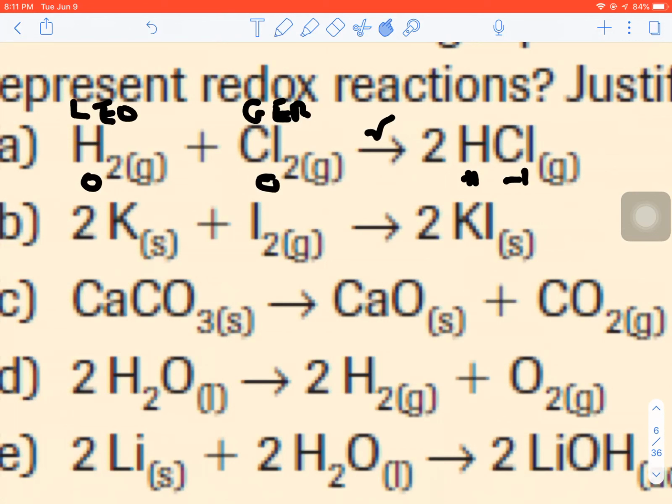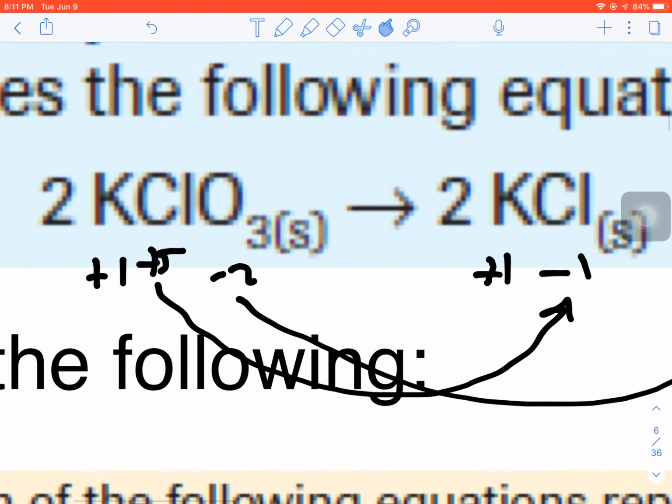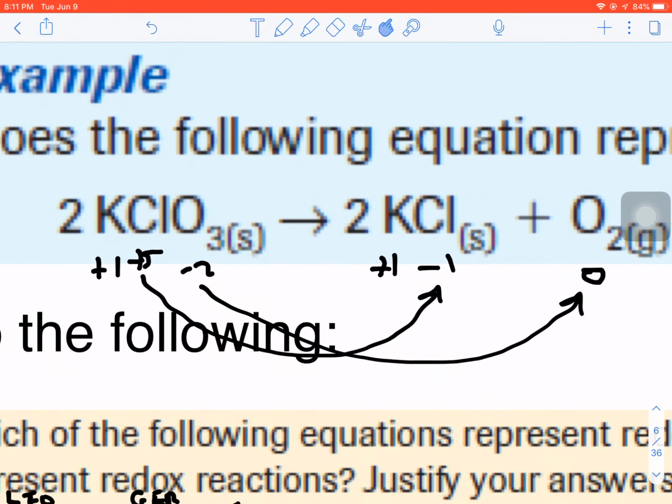All right, let's go back. This one here, I can see that the potassium isn't changing. It's +1 on both sides. The chlorine is going from +5 to -1. Right? How do I go from +5 to -1? I have to add 6 negatives to chlorine to go from +5 all the way down to -1. So it's gaining electrons.